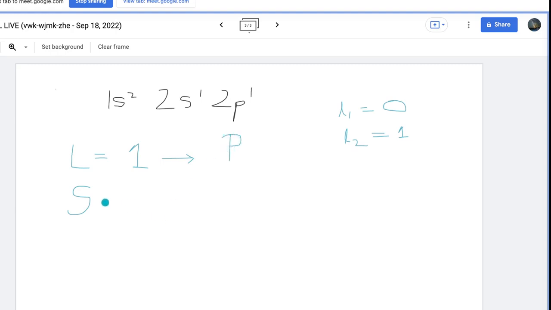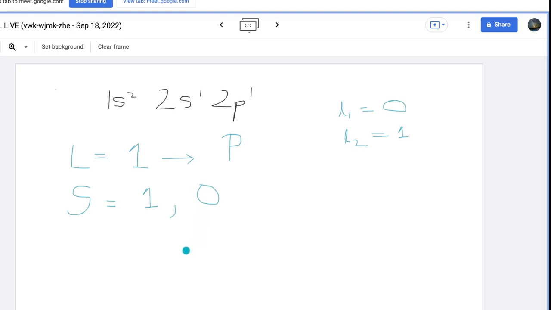And for the capital S value, this is interesting because it has combinations. I can either consider that both of the two electrons are in up spin, so it will give me the value S1 plus S2 equal to 1. And if one of them is in a different spin, it will give me the capital S value as S1 plus S2, that is plus half minus half, that is 0.